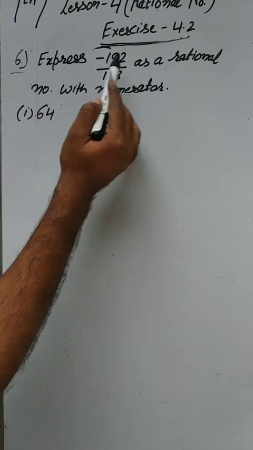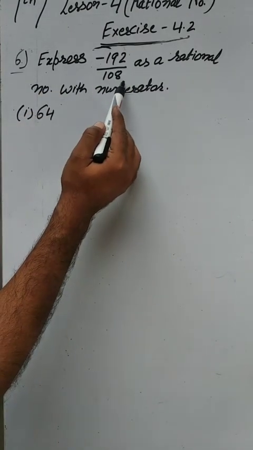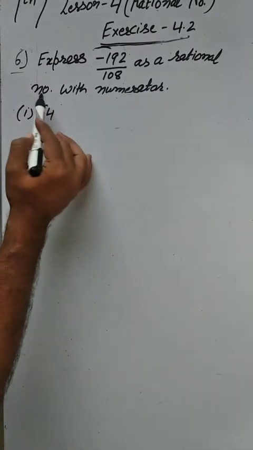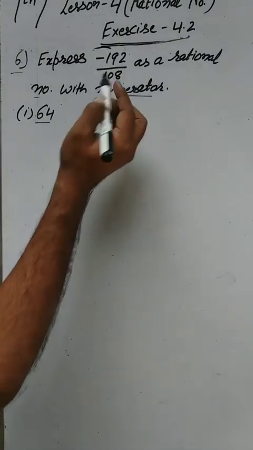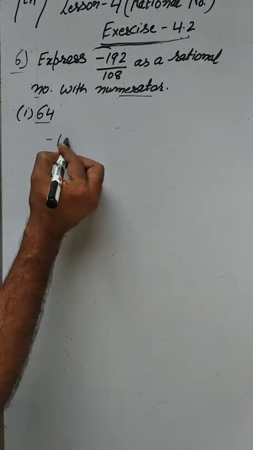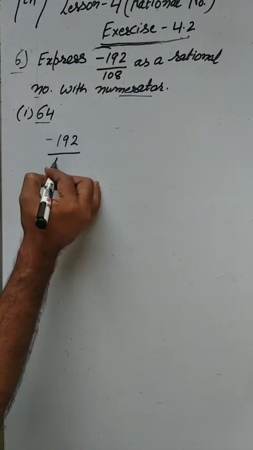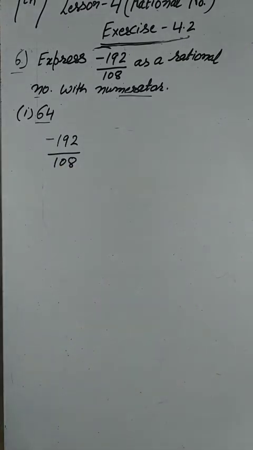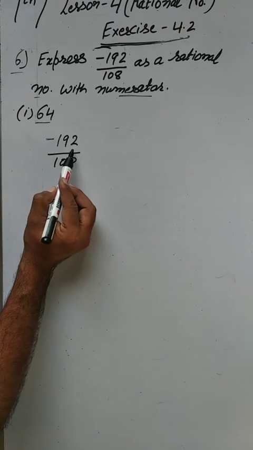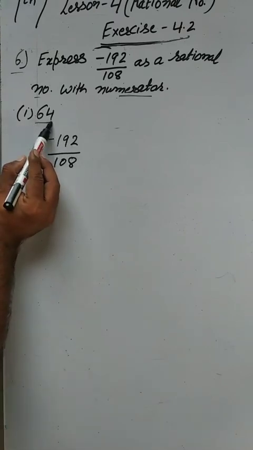Express minus 192 upon 108 as a rational number with the numerator 64. Now beta, here the numerator is minus 192. I want to change 192 into 64.